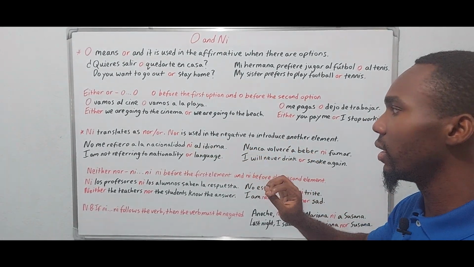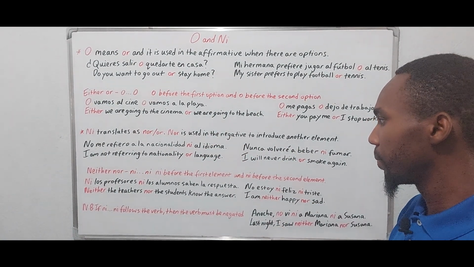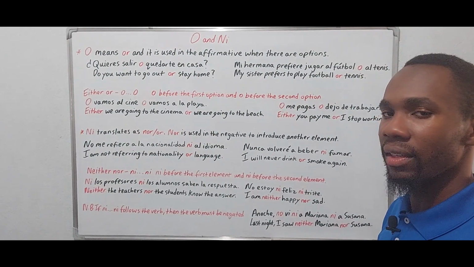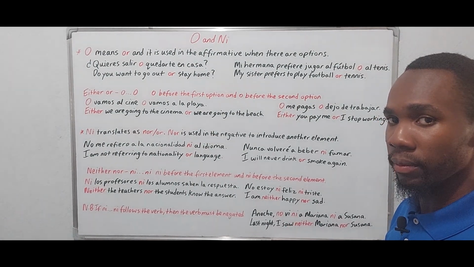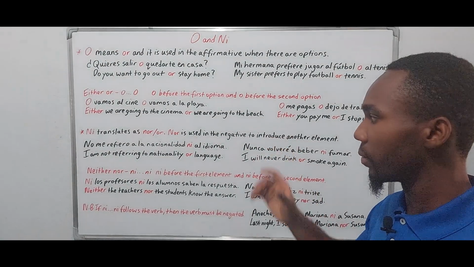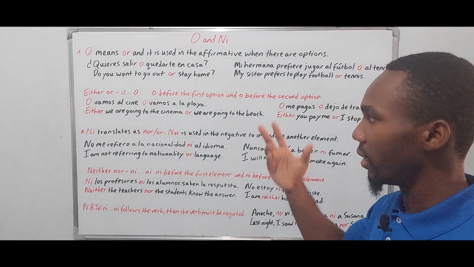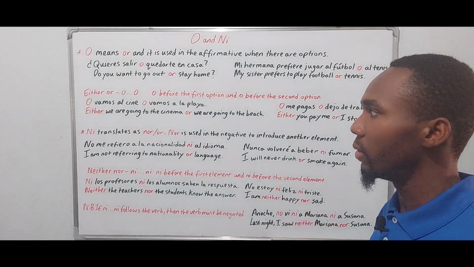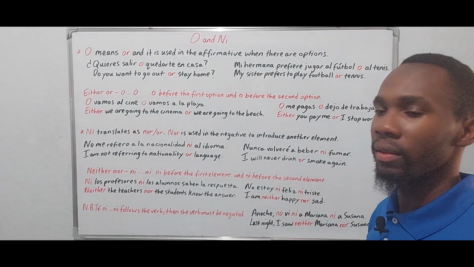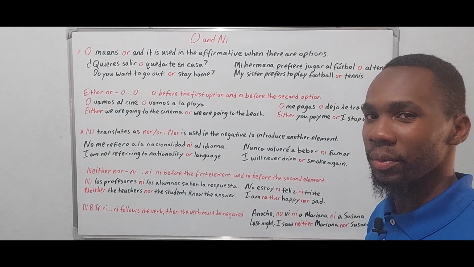Once the verb is negated, you don't necessarily have to use the ni before the first option, right? So yeah, ni can translate as nor or or, right? So this is how we use nor. You see, it's a little more complicated than the either or structure, but once you practice them and study them well, you should be good, right?